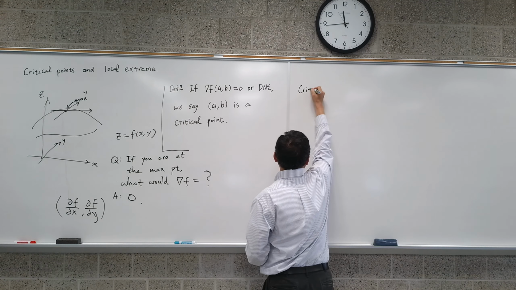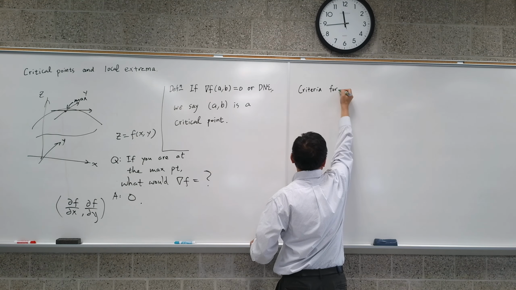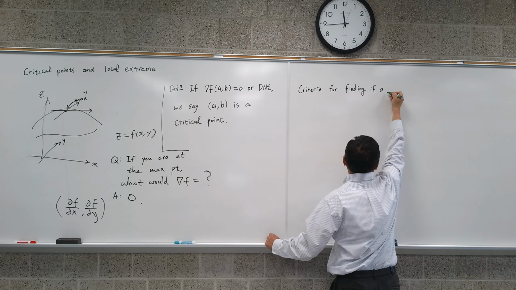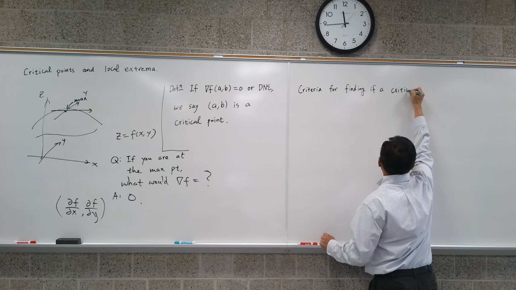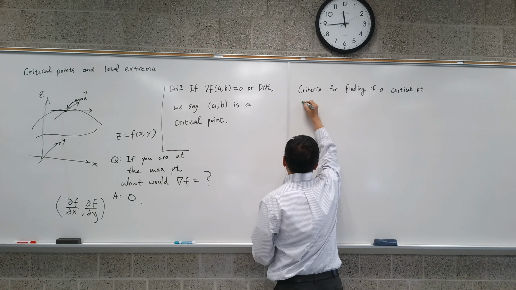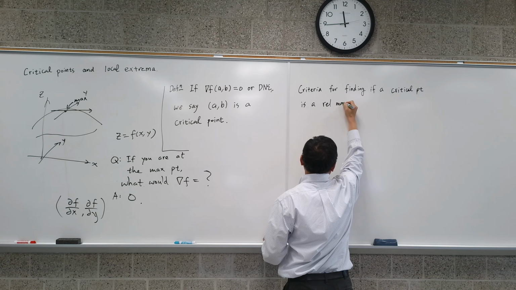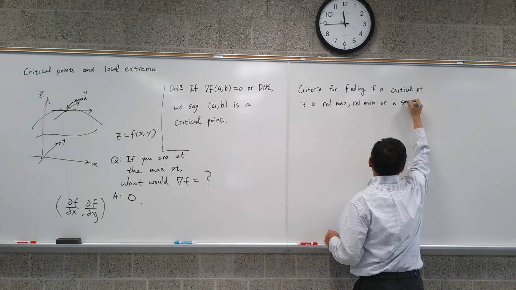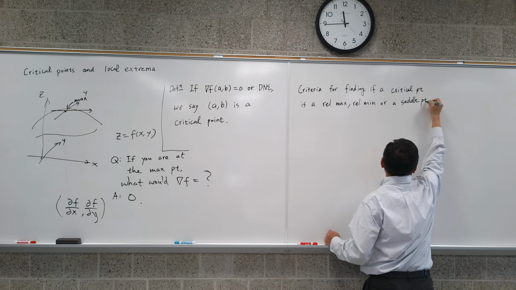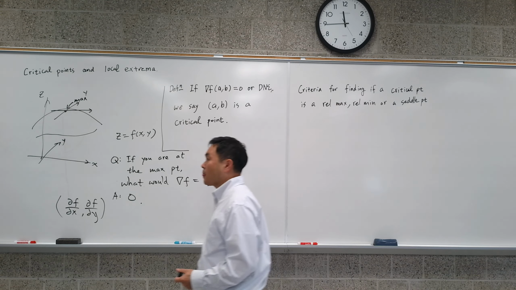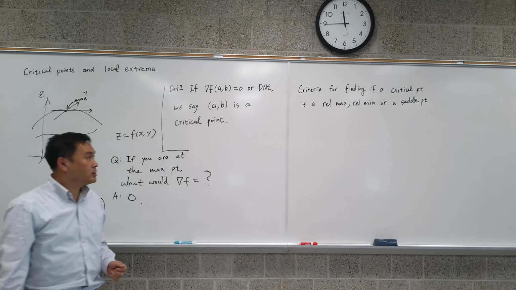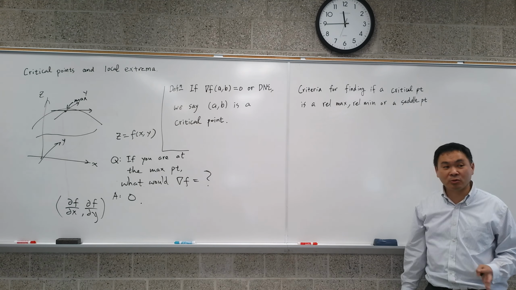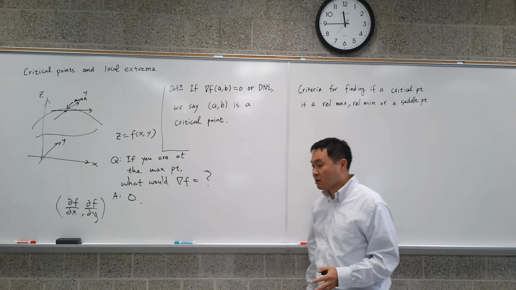So, criteria for finding if a critical point is a relative max, relative min, or a saddle point. And this is similar to the second derivative test that we were doing in Calc 1.